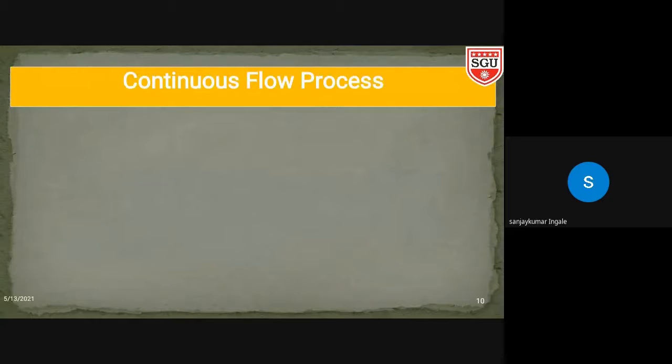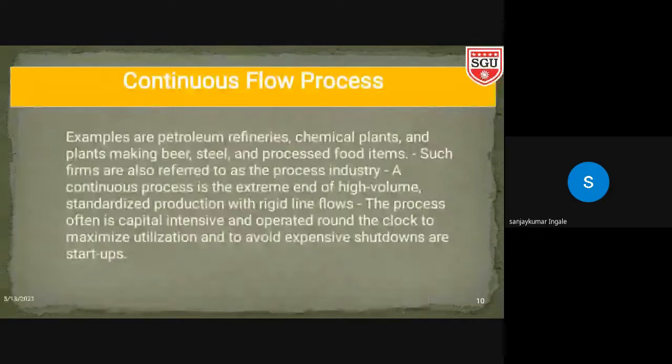Continuous flow process. The perfect examples of continuous flow process are a petroleum refinery, a chemical plant, or a food item being processed. It is also referred to as process inventory.